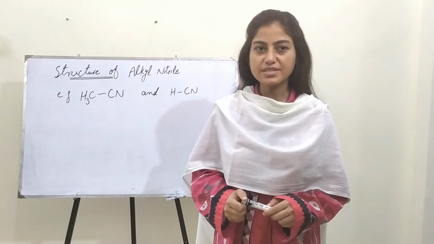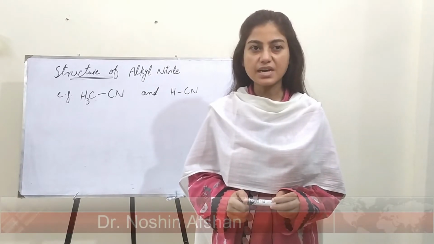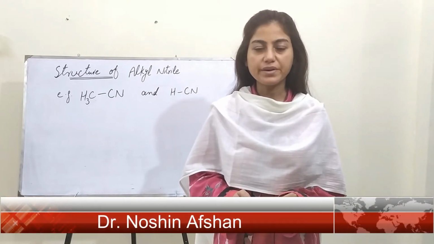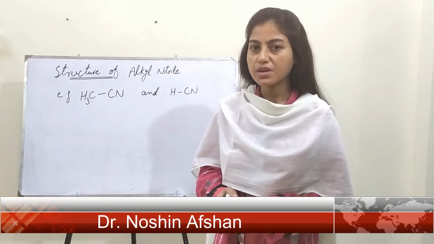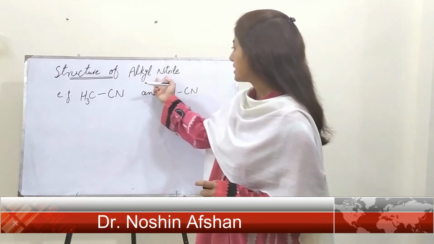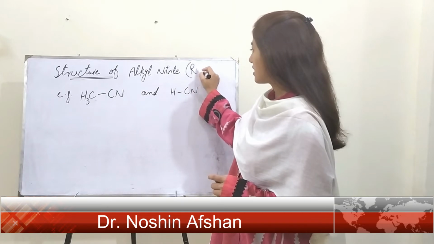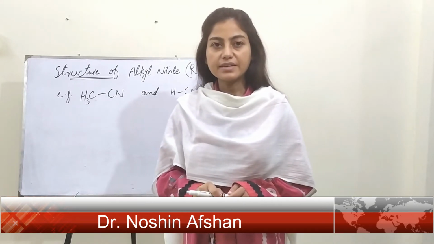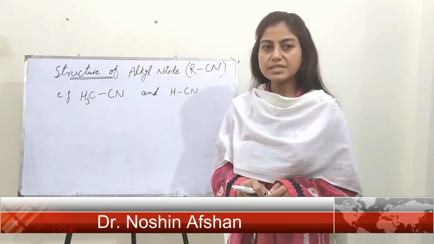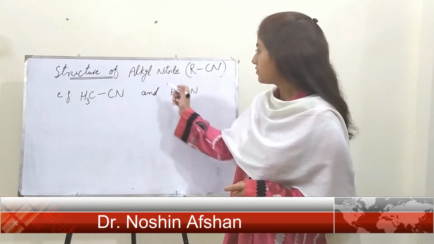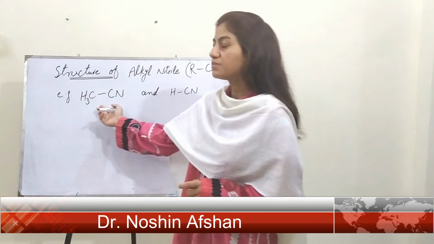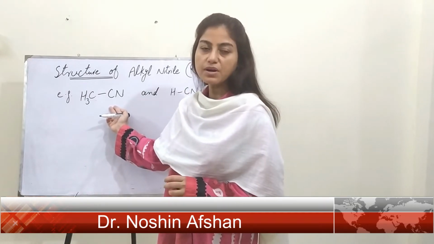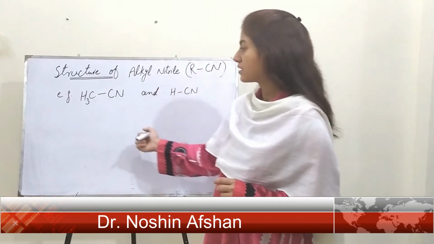Our today's lecture is about structure of alkyl nitriles according to hybridization. The general formula for alkyl nitriles is RCN. And in this video lecture, we will discuss the example of alkyl nitriles, that is methyl nitrile or methyl cyanide.